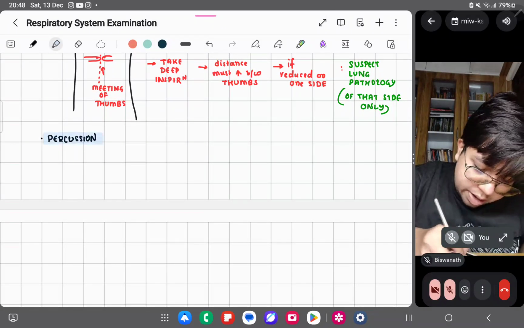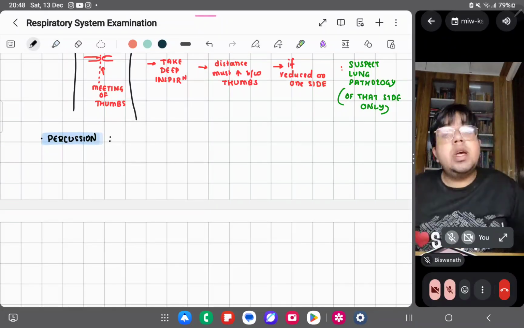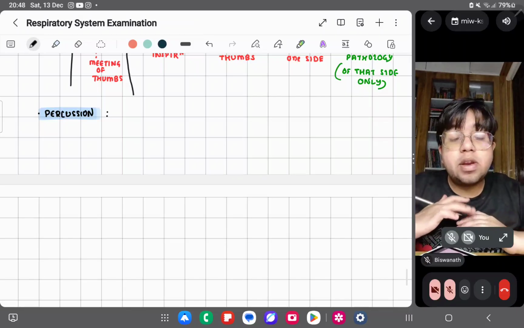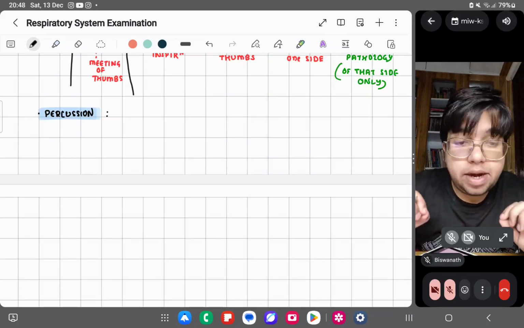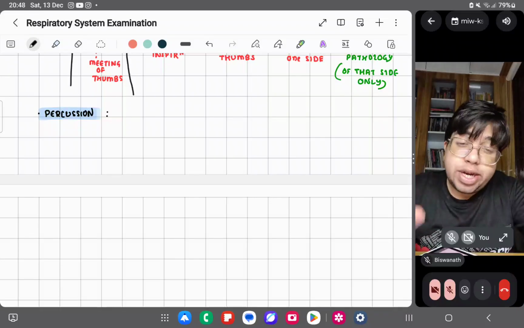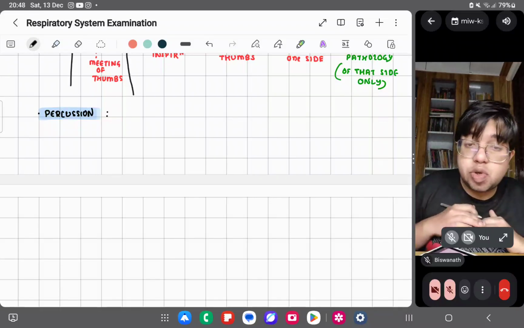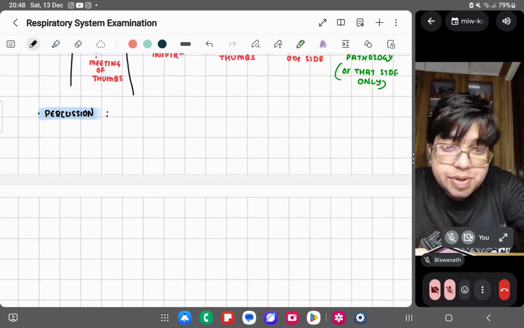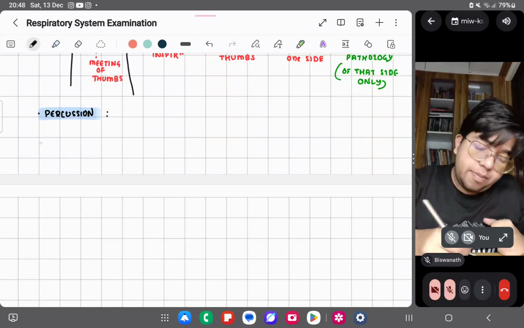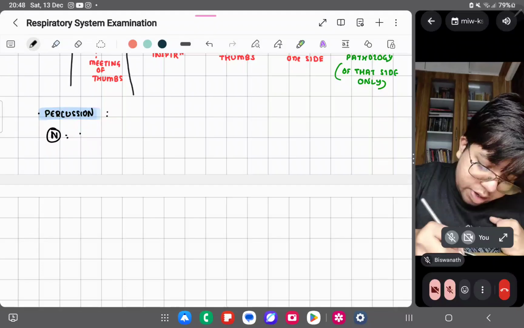What will happen? The normal note of percussion is a resonant note. And if there is a dull note, a stony dull note, hyper resonance, or impaired resonance, so we have four abnormal notes. The normal one is the resonant note.